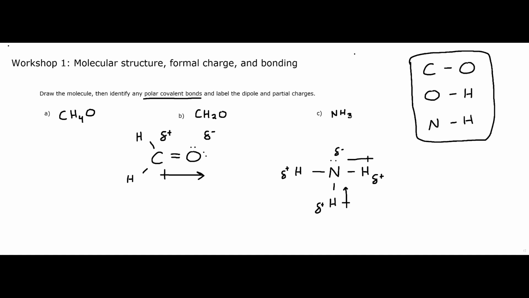The more electronegative atom is partially negative, and the more electropositive atom is partially positive. We can represent this with a dipole arrow, where the arrow points in the direction that the electrons are being pulled. And remember, we use these deltas to indicate partial charges, not a full charge, where one side is partially positive and one side is partially negative.